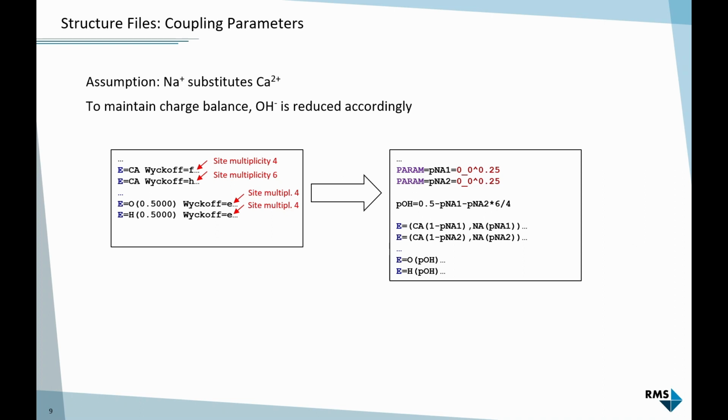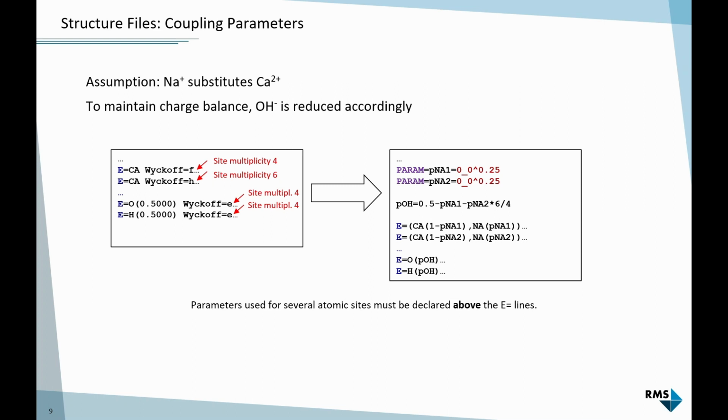But like this, I can calculate how much OH do I need in my structure to maintain charge balance. And then I just use these parameters in the element declarations for the calcium 1, calcium 2, O, and H positions.